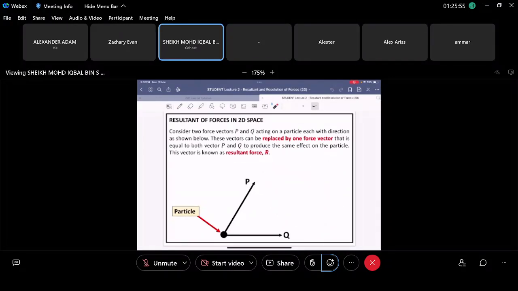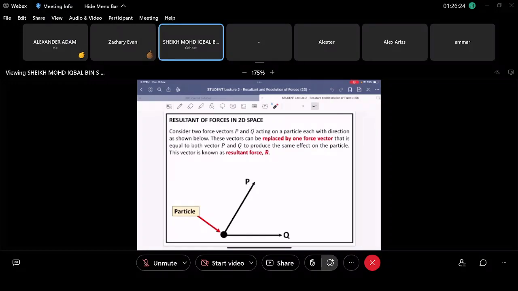It's easier for us. You don't have to calculate all the numerous forces acting on a system. We just have to calculate one force that represents all the forces that are acting on the building and so on. Okay? So everyone understood that part? Why we calculate the resultant force? Everyone okay? All right. Okay, good.